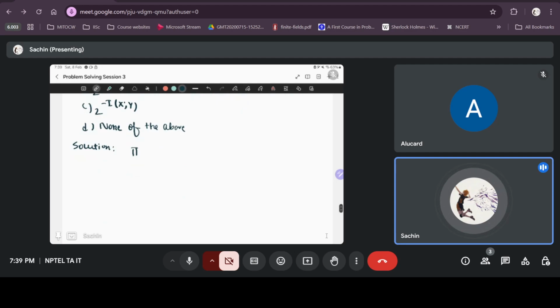What we can do here is write the product term as a power by taking logarithm to base 2.